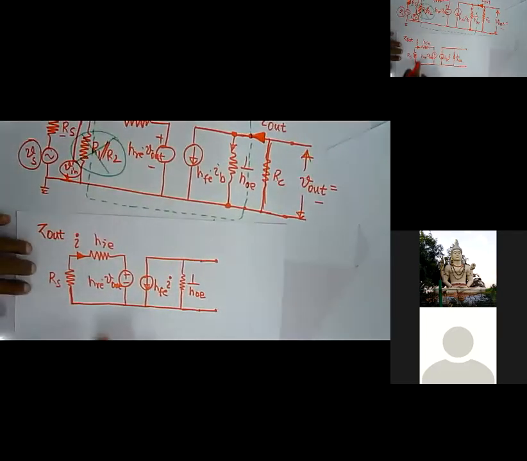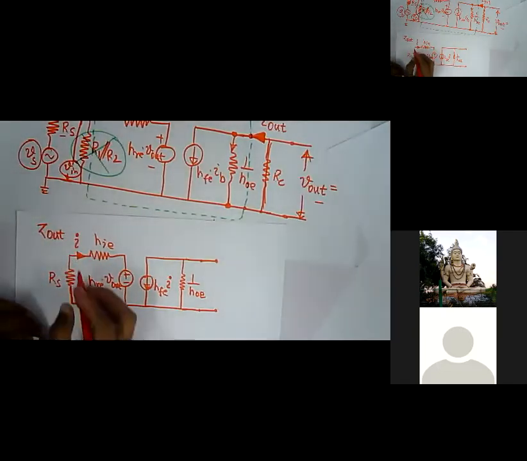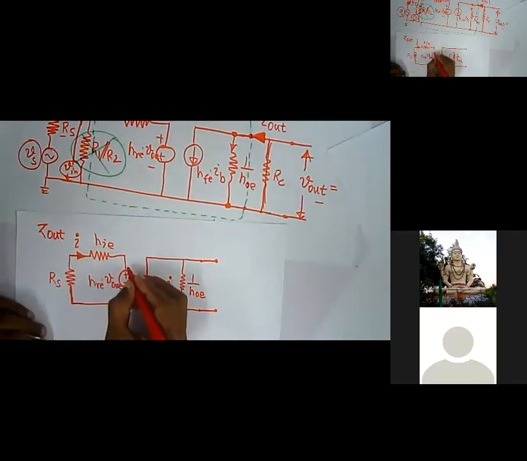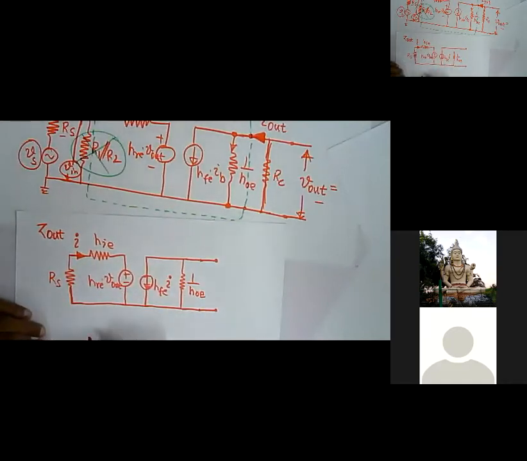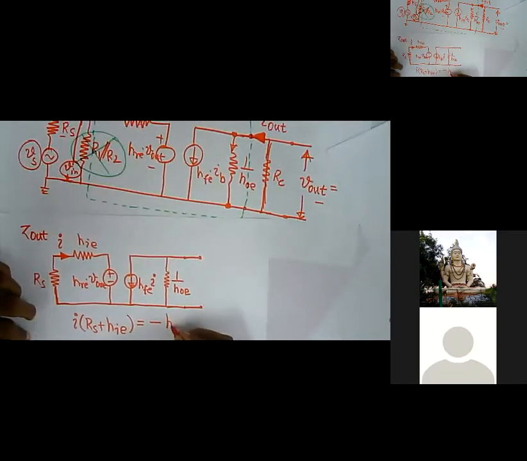Now we need to apply Kirchhoff's voltage law in this loop. If I put I in this direction, see here plus minus, so there will be a minus. So I can write I into RS plus HIE is equal to minus HRE into V out.